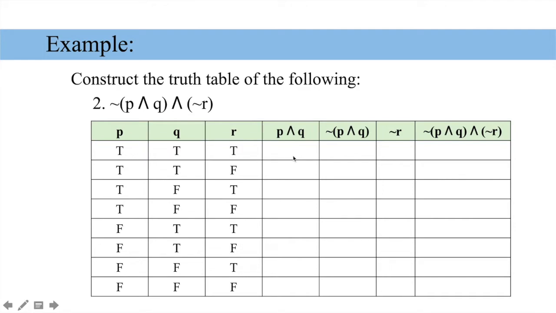So where is it true? True, true: true. Then true for P, false for Q: that is false. True antecedent, false consequent is false. False, false, false, false.